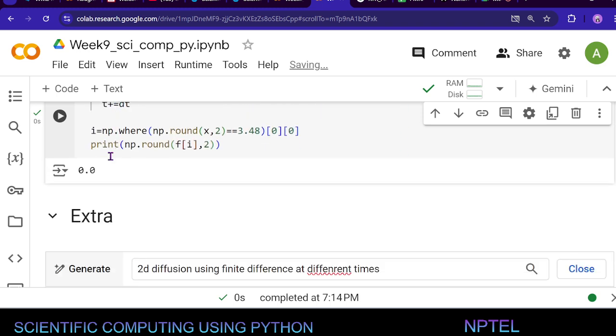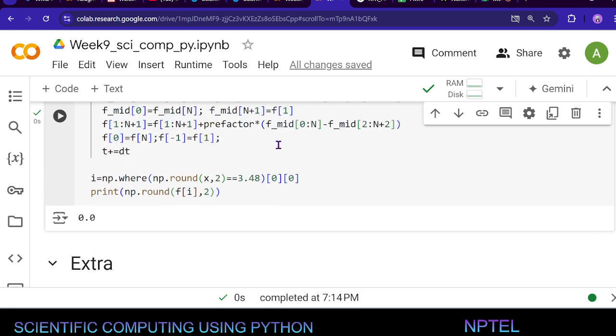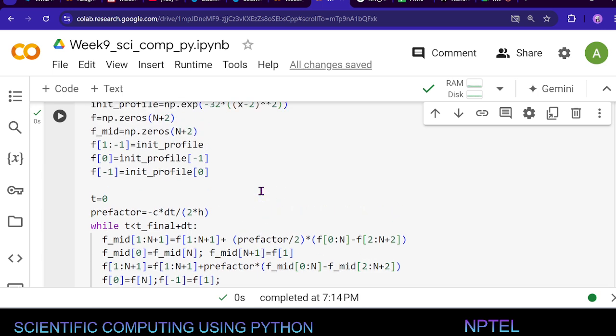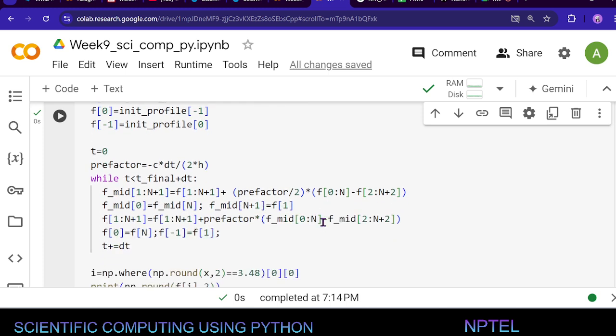It gives 0, 0.0, which is also incorrect. Oh, it should be right minus left, right? So it should be this.